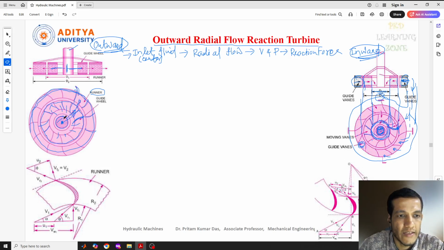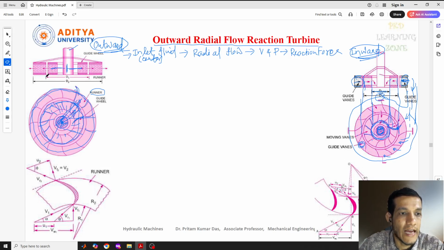Near the center is the shaft, and the guide wheel is present near the center. In the inward flow the guide wheel is outside and the runner is near the center or shaft, but here the guide wheel is at the center and the runner is outside. So the water goes out from here like this. That is the difference.